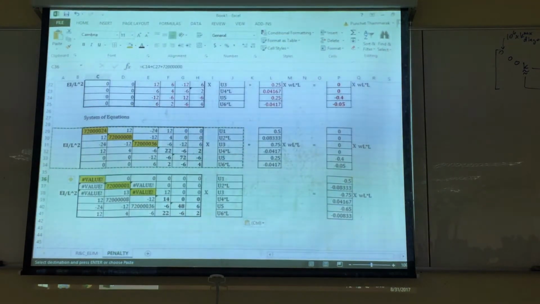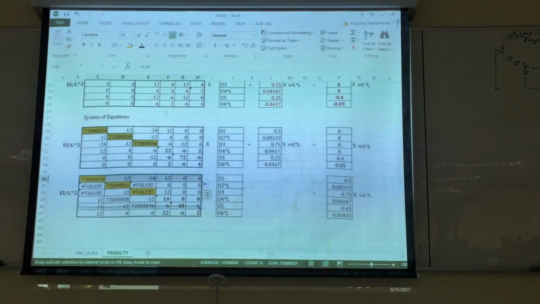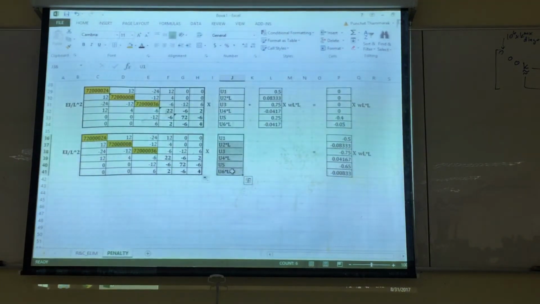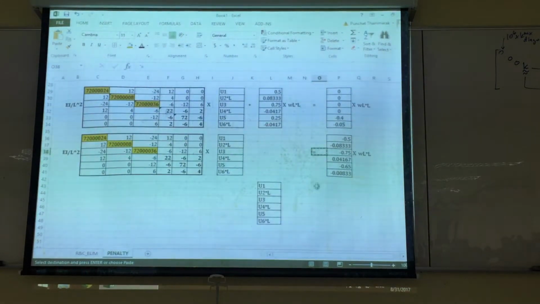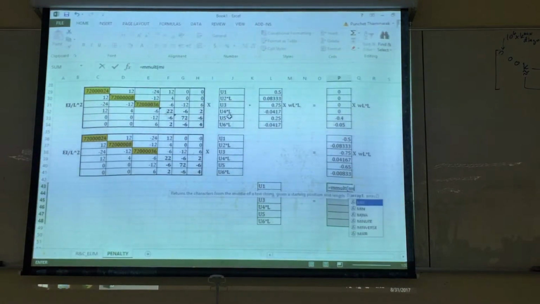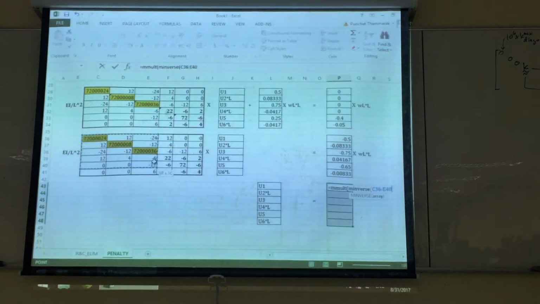Okay, wait a minute. Right, so the next line will be just equals to MMULT, matrix multiplication of M inverse of this matrix times this one.